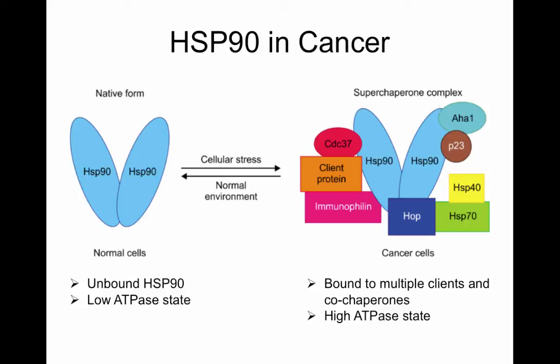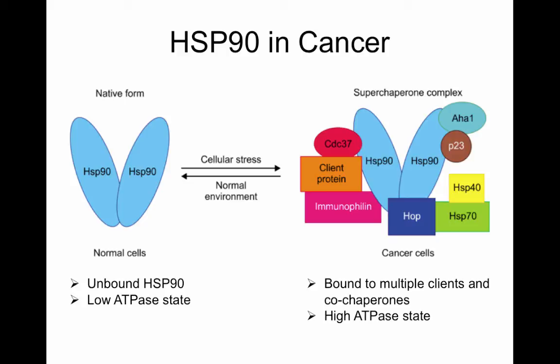As it turns out, Hsp90 is found in different states in healthy and cancer cells. You can see that the ideal form for Hsp90 to be in is being alone and unbound at low ATPase activity, indicating that co-chaperones are only attaching as they're needed for clients to use.